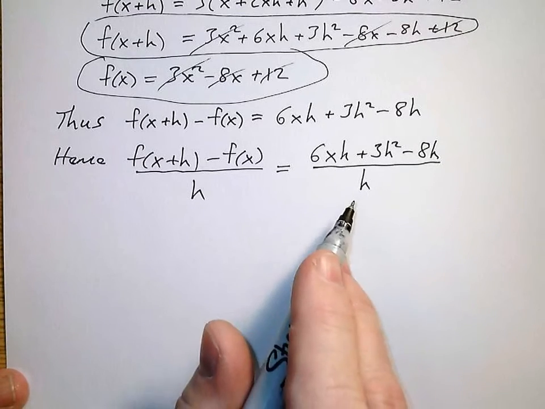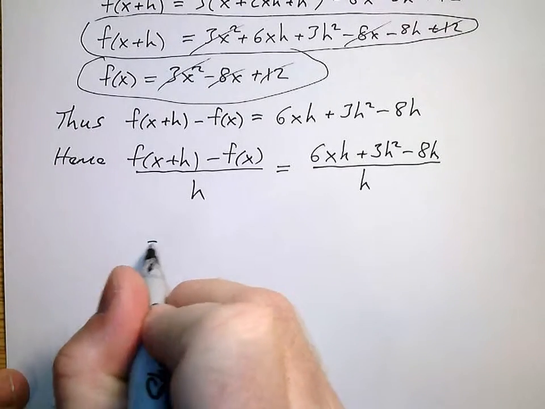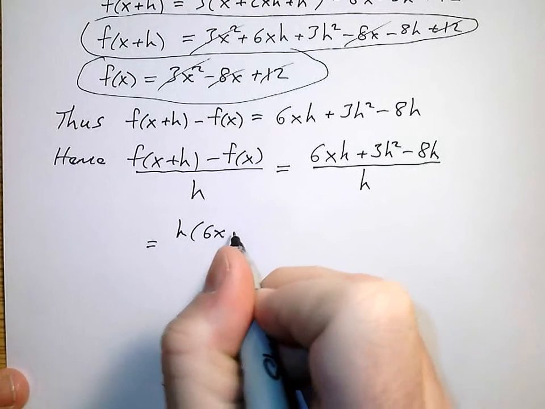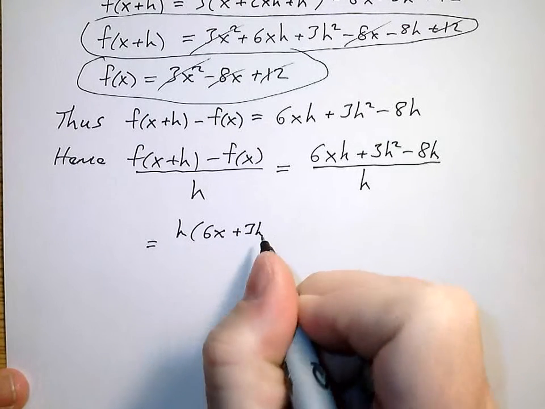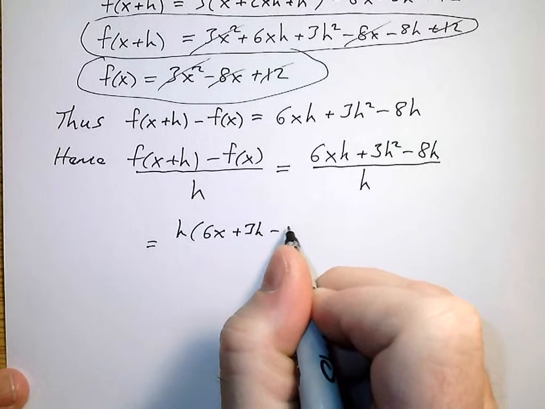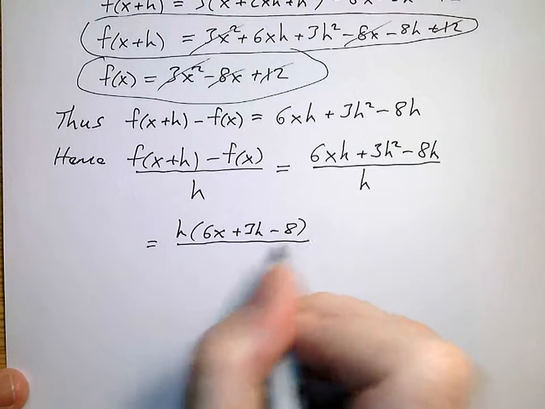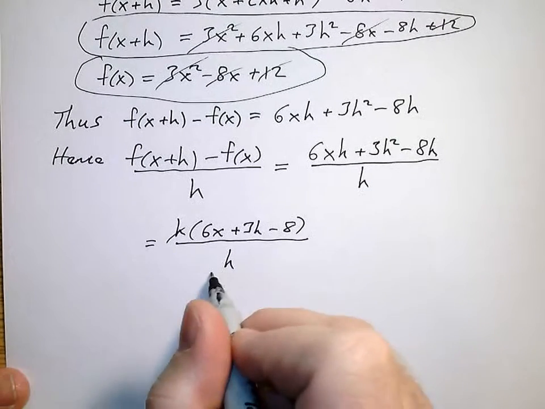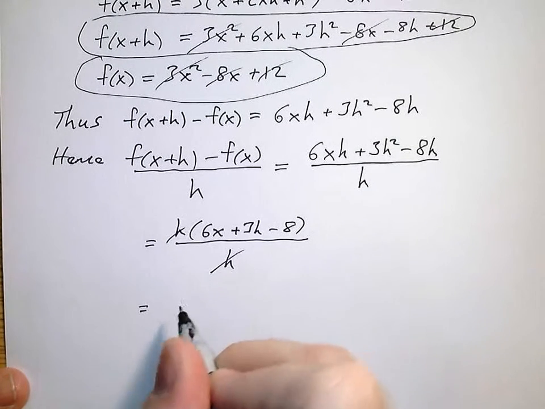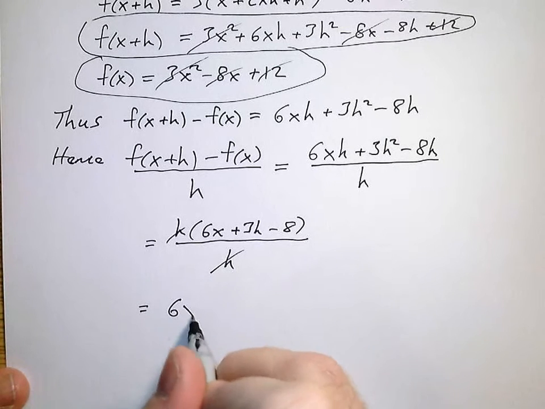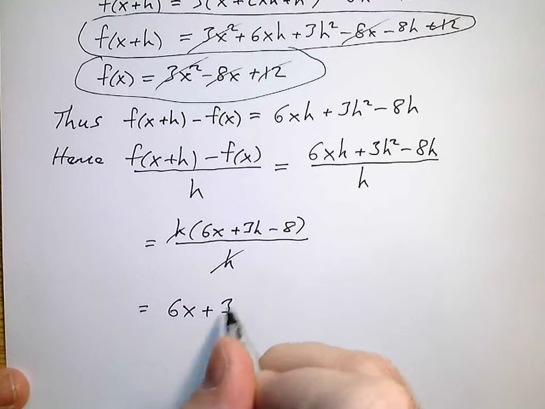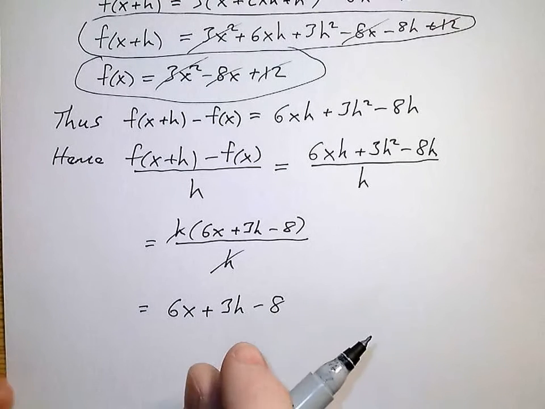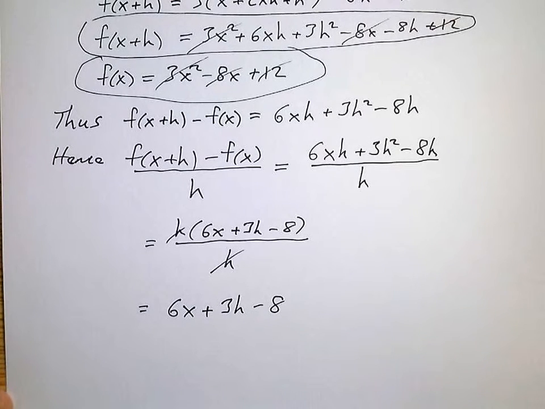For what I'm about to do is factor out an h and see what's left. So 6x plus 3h minus 8 over h. And these cancel like so. So I'm going to have 6x plus 3h minus 8. And so this is going to be my difference quotient right here.